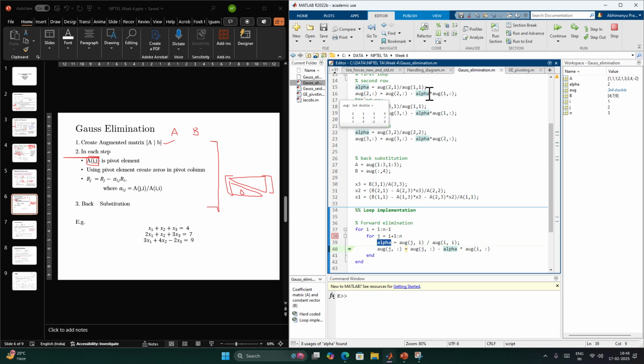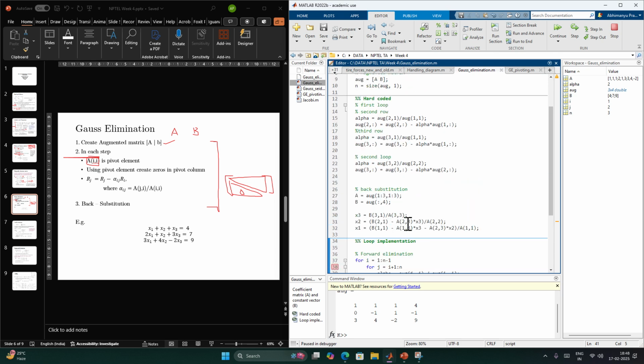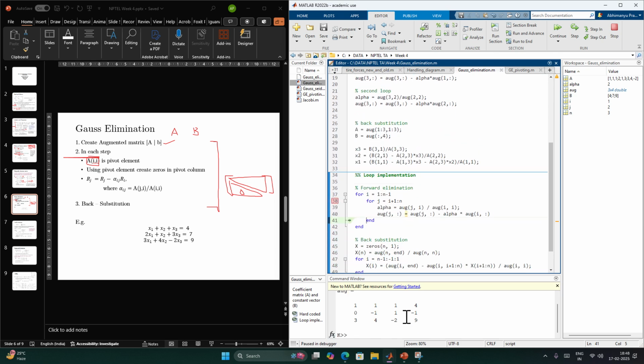Then I replace this equation with the parameterized equation: augmented row 2 is equal to augmented row 2 minus alpha times augmented row 1, right? So if I run this, what has happened?